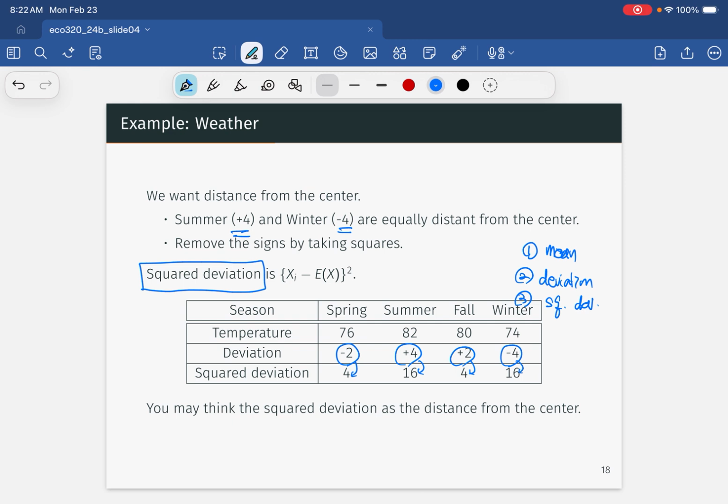The squared deviation is the squared distance from the center; the farther, the larger the squared deviation is. And we have as many squared deviations as the original sample. As I said, when you have 1 million observations, you can calculate 1 million deviations, and then 1 million squared deviations, one for each observation.